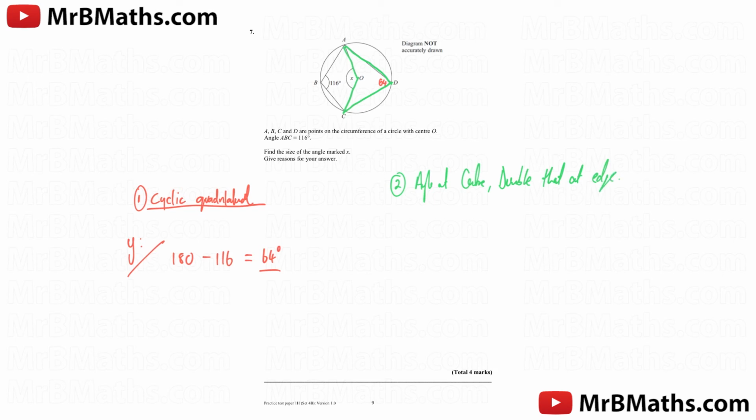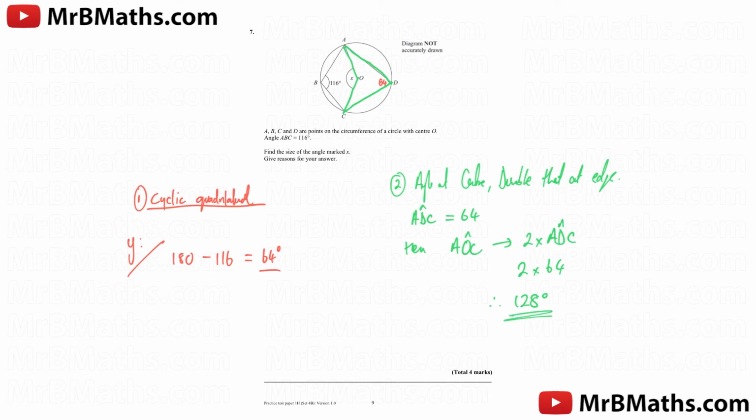So if that angle there, ADC, is 64, then angle AOC is 2 times ADC, so therefore it's 2 times 64, therefore it is 128 degrees.